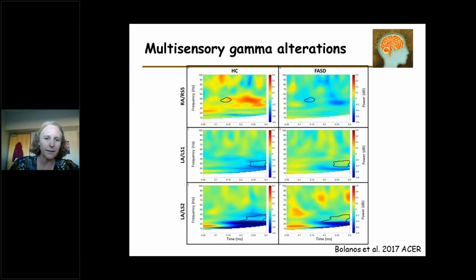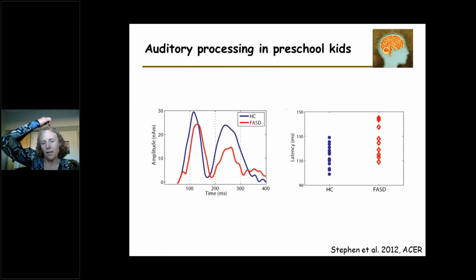So we looked at gamma oscillations with the same paradigm, and this is just a different analysis, but we did find group differences in the gamma oscillations as well in different conditions, and these are all multisensory conditions that I'm showing here. And we also found that there were some associations with behavior in those gamma oscillations as well.